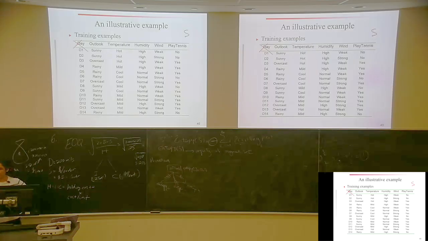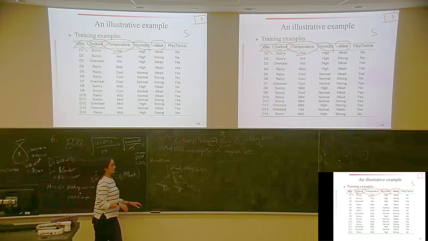But out of outlook, temperature, humidity, and wind, which one to choose as the root node? This is what we want to decide. So we have to calculate information gain for outlook, temperature, humidity, and wind. This is what decision trees are doing.